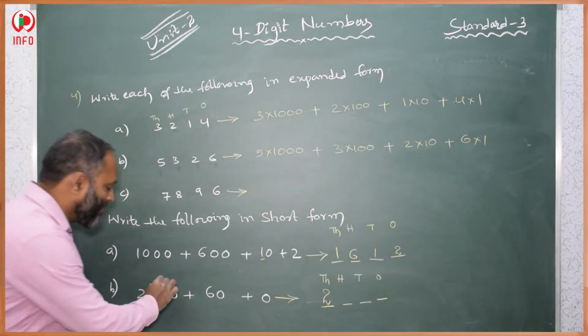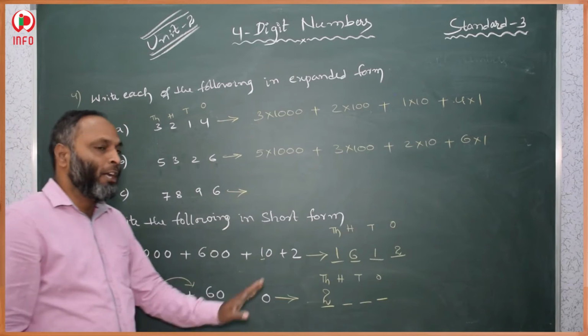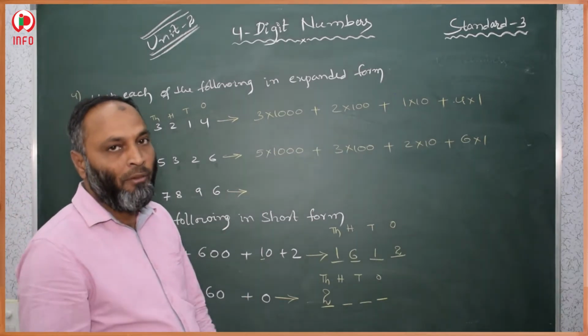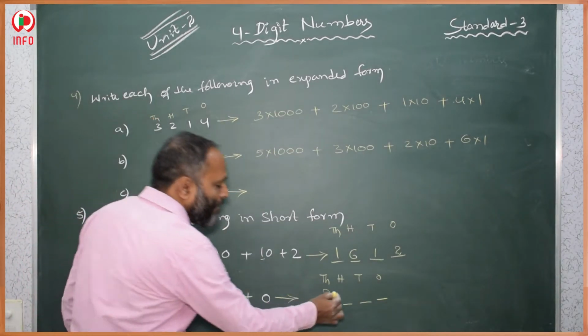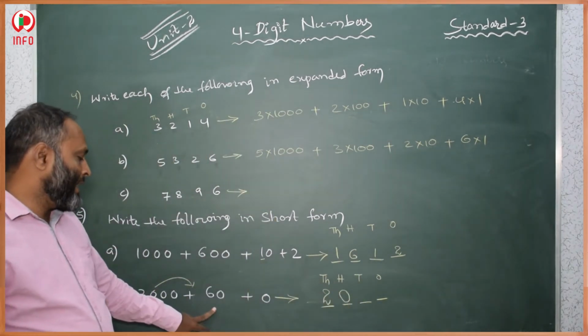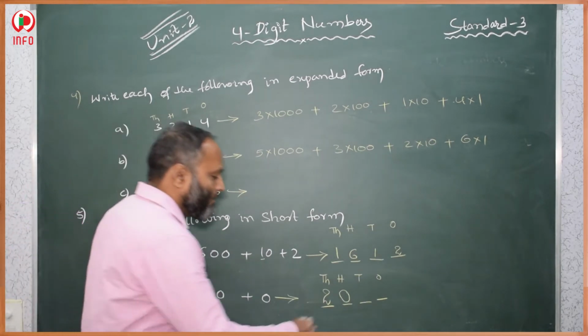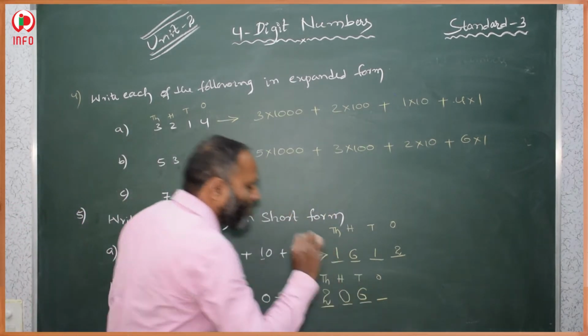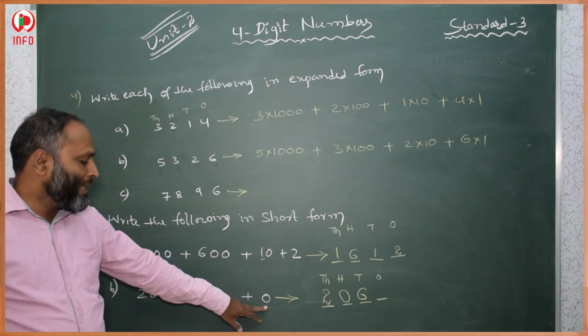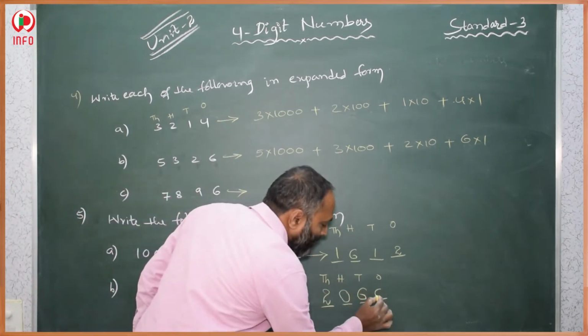After 1000 there is no 100, it means we don't have any 100 in this number. So we keep 0 in hundreds place. Then 60 is there, 6 tens, so in tens place 6 should come. Then in ones place 0 is there.